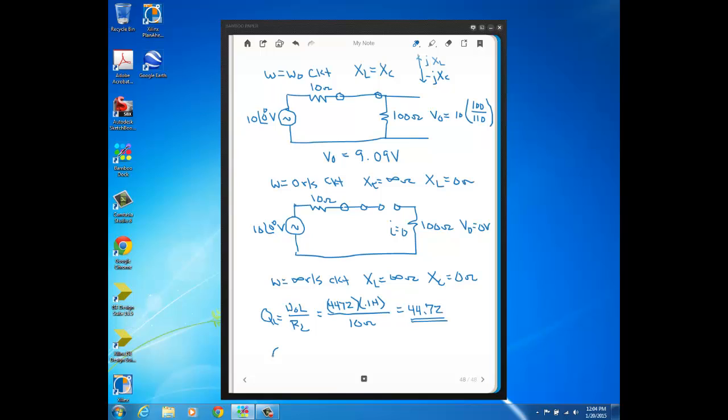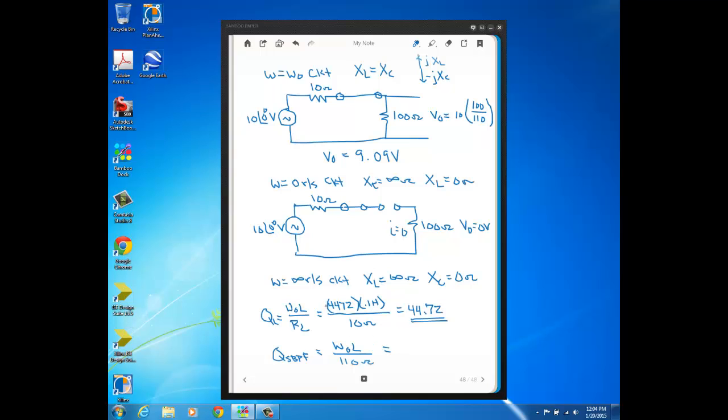And then the quality of the series bandpass filter would be the same omega naught L, but now divided by the total resistance in the circuit, which would be the two resistances added, so 110 ohms.